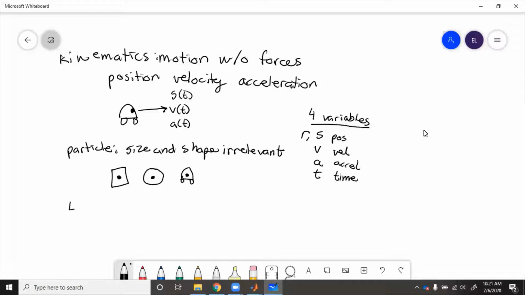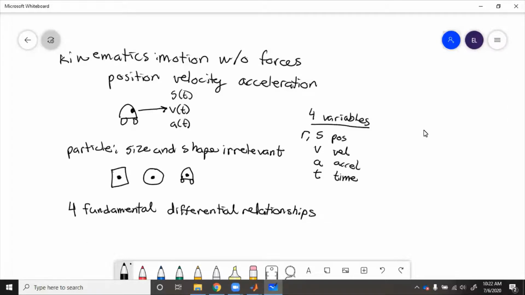So these four fundamental differential relationships. The four relationships we need to know. The first three use time.